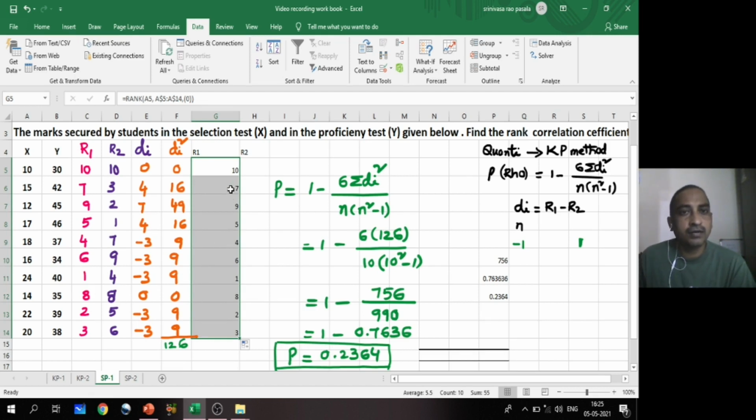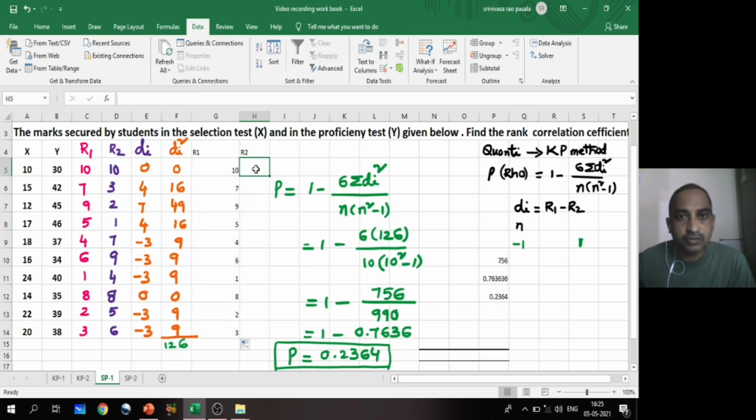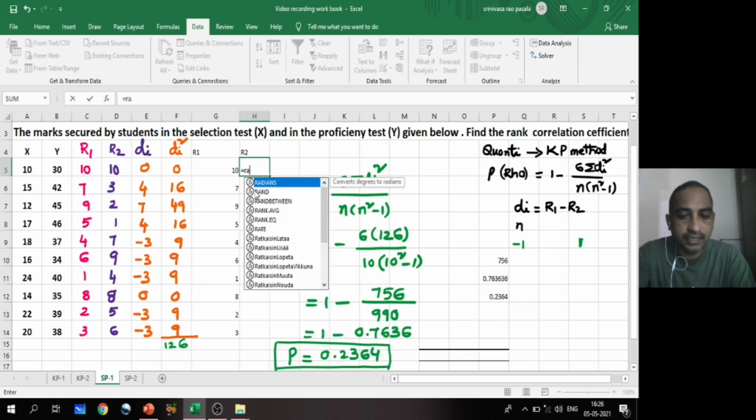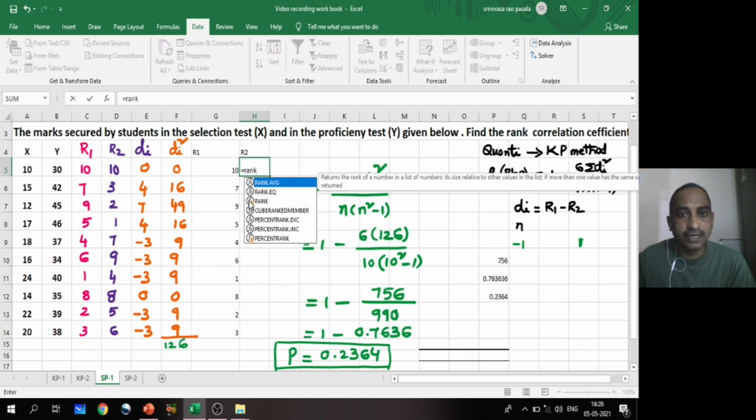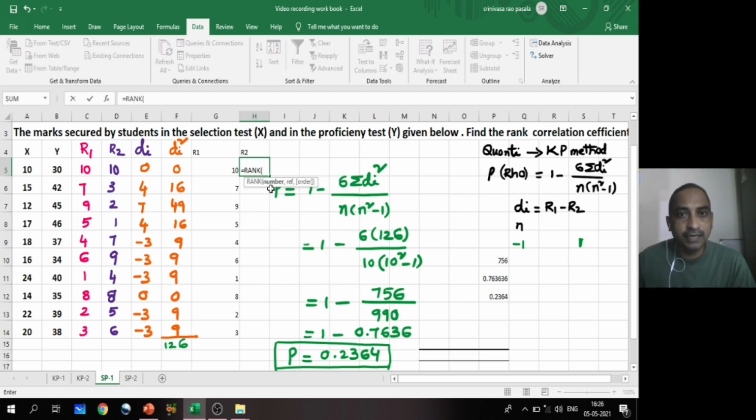In the earlier case, people may generally make this mistake, right? Similarly, equality sign, RANK, just double click. Number means which number you need to assign the rank. So I select the cell B5, comma, the reference is nothing but which numbers you are taking into consideration for giving the rank. So I have given this.